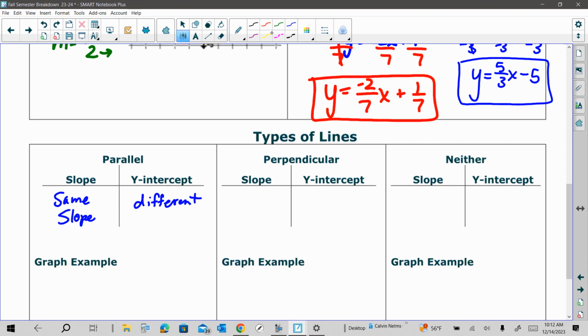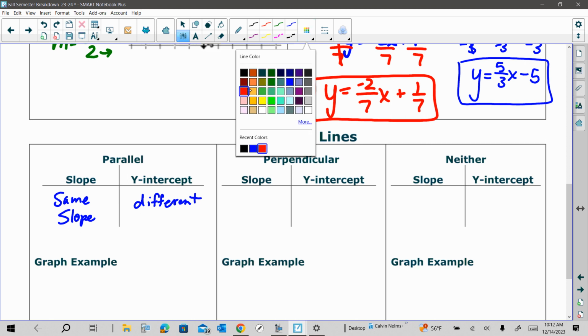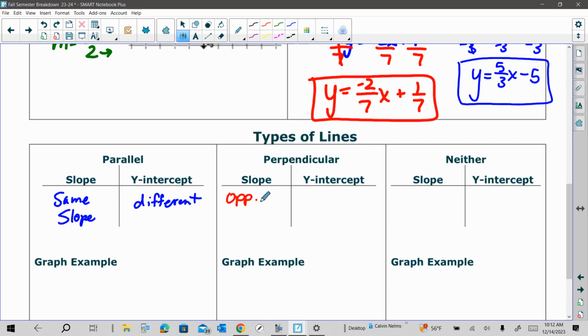For perpendicular, you have opposite reciprocal slopes, and I'm just abbreviating that. This is when you flip the number and change sign. The y-intercept is also different.